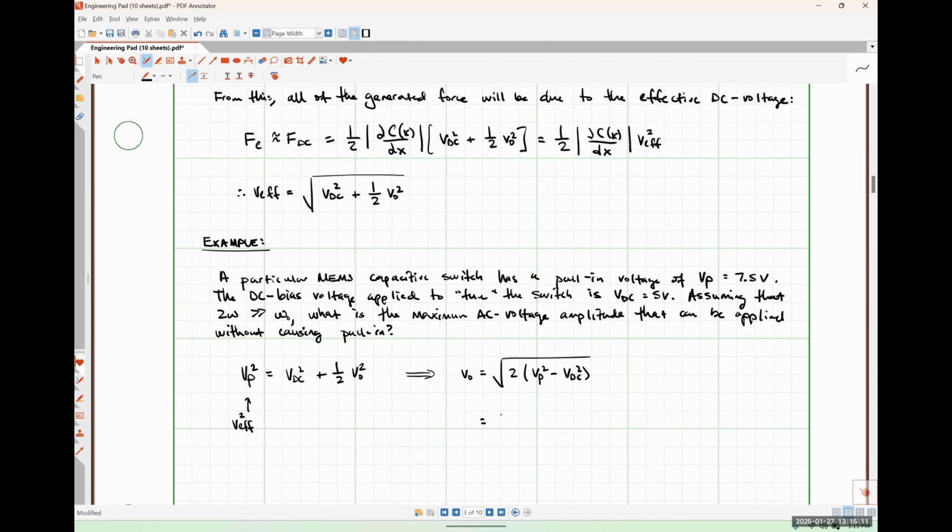And so this winds up being the square root of twice 7.5 volts quantity squared minus 5 volts quantity squared. And then I take the square root of the whole thing, and I wind up getting 7.906 volts. So the amplitude of our AC signal has to be a little less than 8 volts or we'll accidentally cause pull-in.